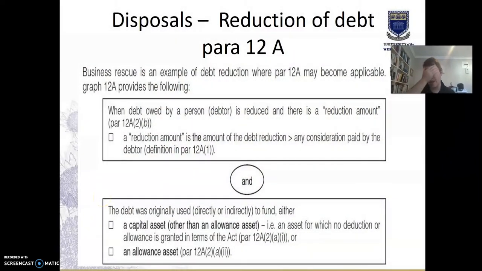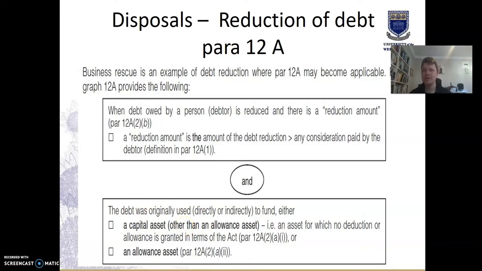So what we're looking at here is circumstances where there's been a debt reduction, there's a reduction amount. So the amount that we owe has been reduced, and it's not reduced just because we paid it. It's reduced because the person's forgiven it. And that debt was used to fund the purchase of some kind of capital asset.